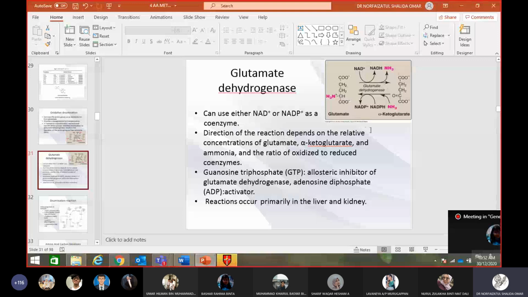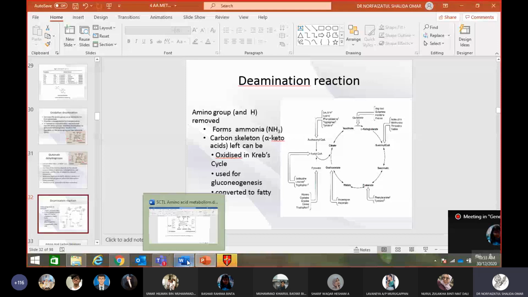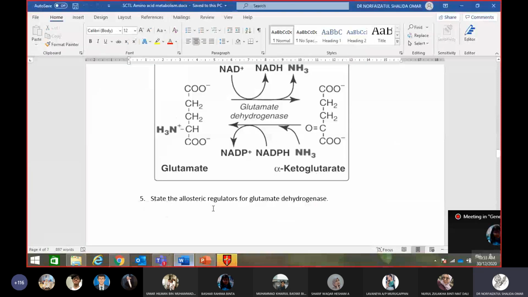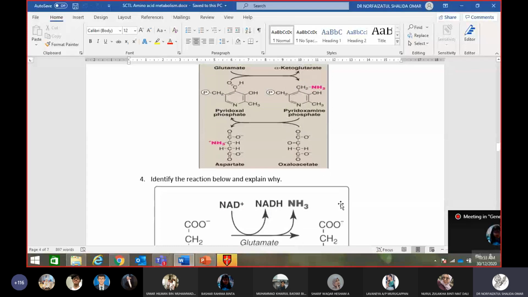We go through that later. It is a kind of deamination, as the name implies, but it can also receive the amino group. Any question on this? These are the two main reactions you need to know in amino acid metabolism: transamination and oxidative deamination.